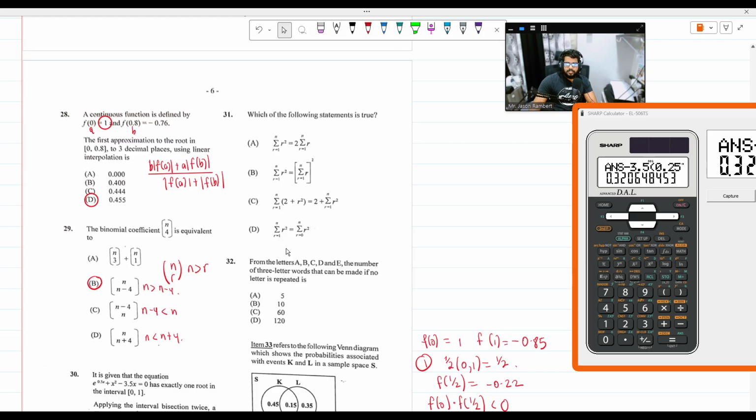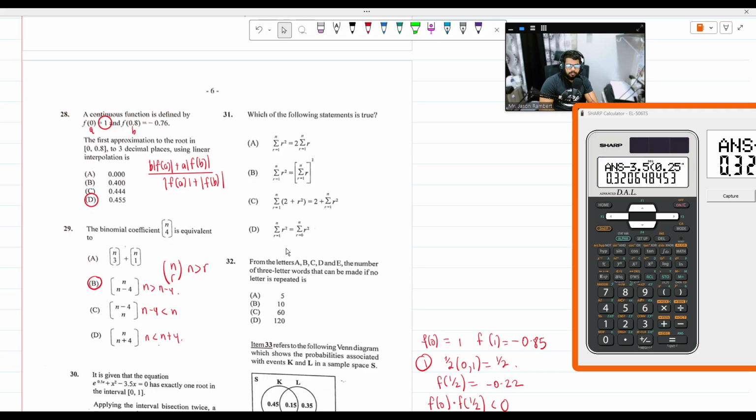Which of the following statements is true? We know A is not true because we can't just take the square out of a summation and multiply it by 2. We know that part B is not true.